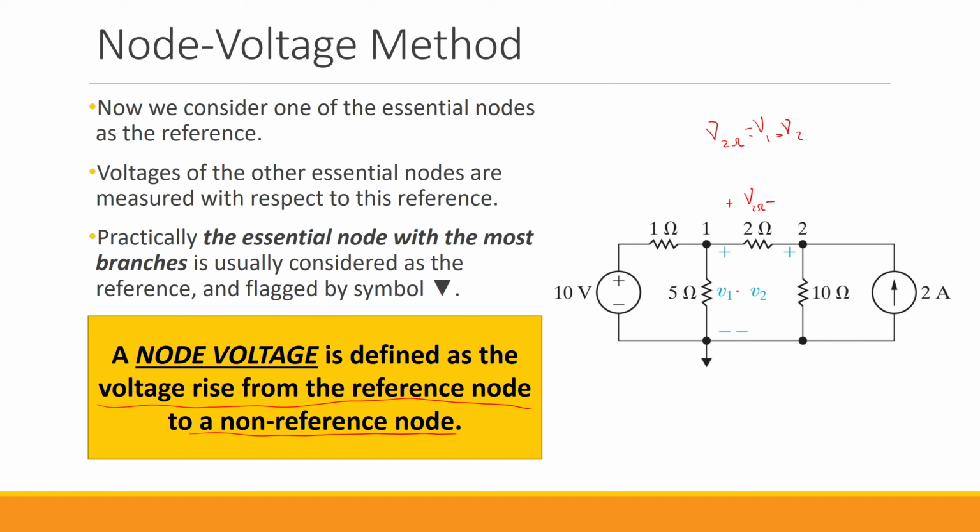After we find the values for V1 and V2, getting the voltage across this 2 ohm is easy. We just do this simple calculation. What about across this 1 ohm? Again, assuming that we have this polarity, it is going to be V1 minus this 10 volt.